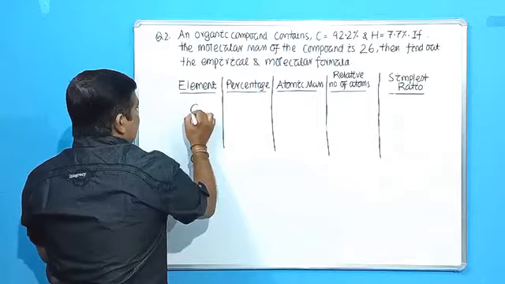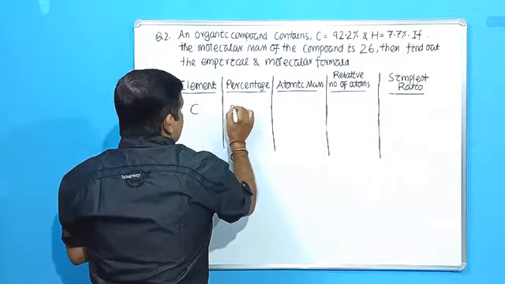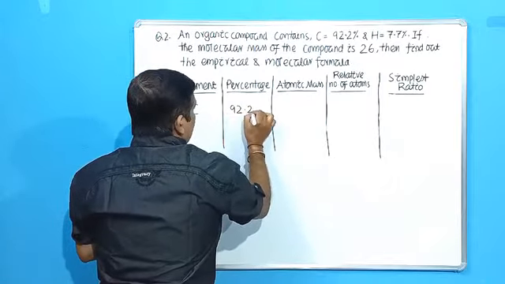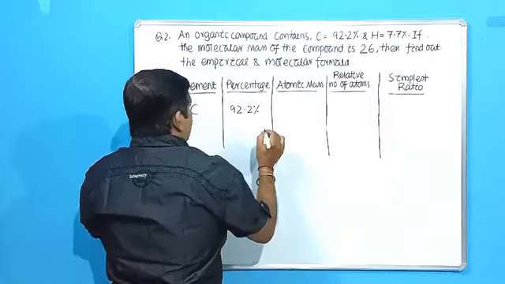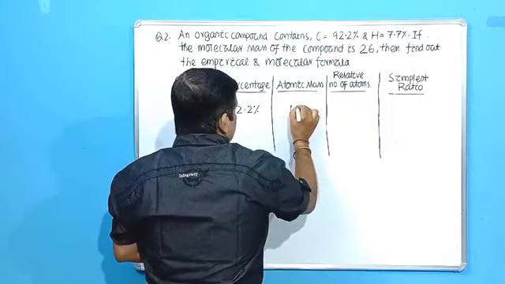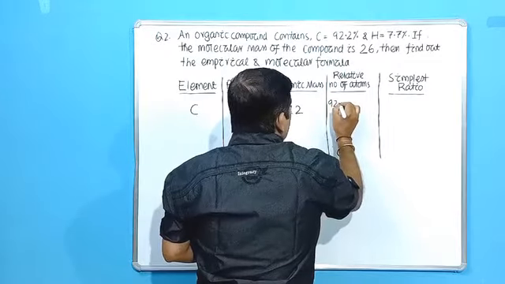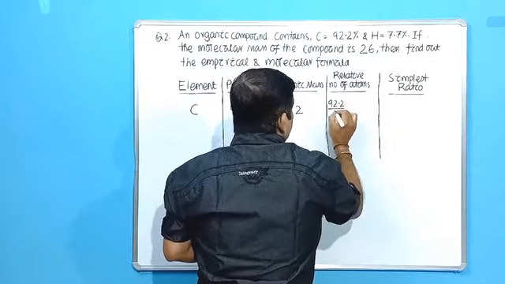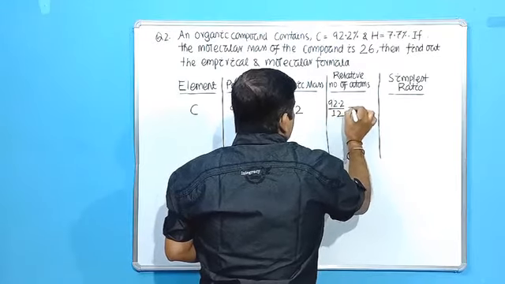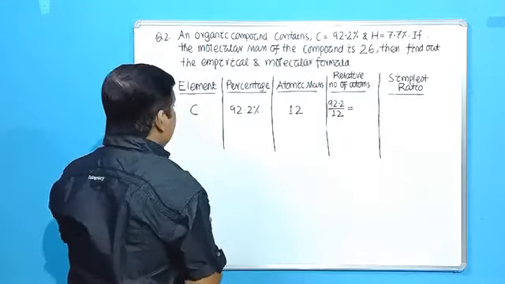So first element is carbon. It is 92.2%. Atomic mass of carbon is 12. Relative number of atoms will be percentage, that is 92.2 divided by 12. Next, let us see what will be the answer.